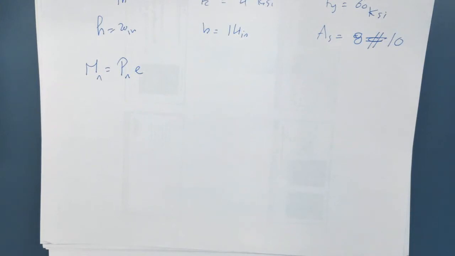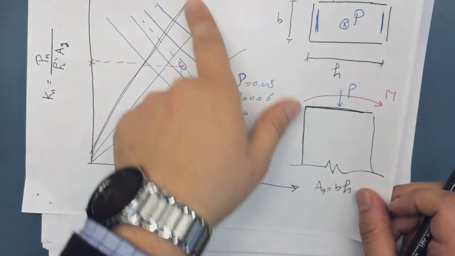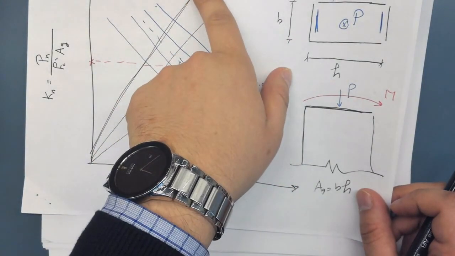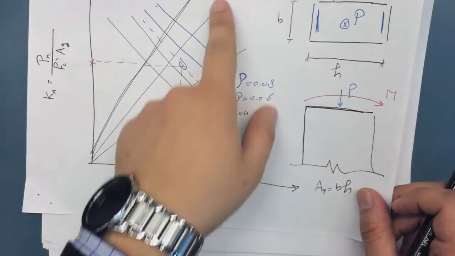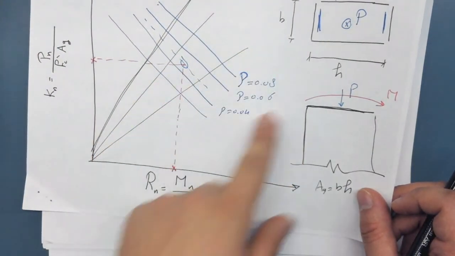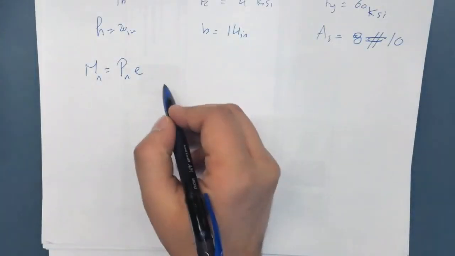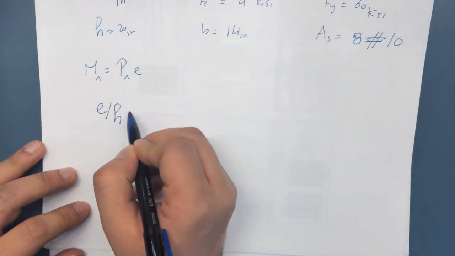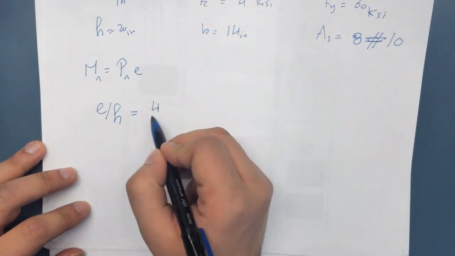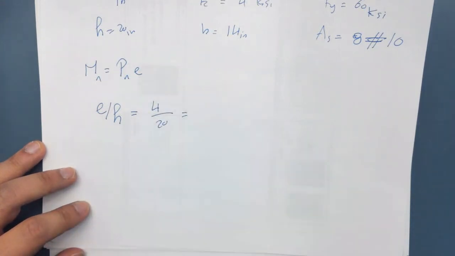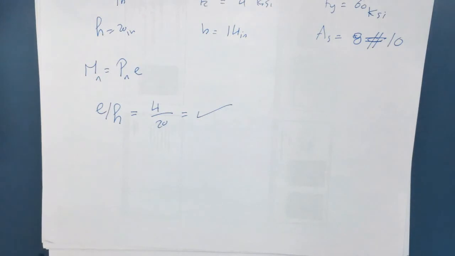If you look at the information that this graph is trying to plot, one of them is E over H. So we can actually define our section along one of those lines, because we know what E over H is. E over H is equal to 4 inches divided by 20 inches, which is 0.2.